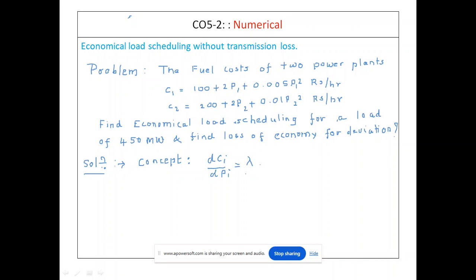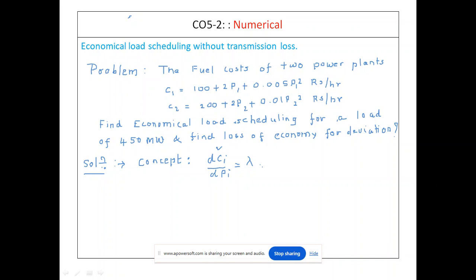This is what we call the equal incremental cost criteria. It states that for economical load scheduling, the incremental cost of all the power plants should be equal and equal to lambda. And this we call the coordinate equation.